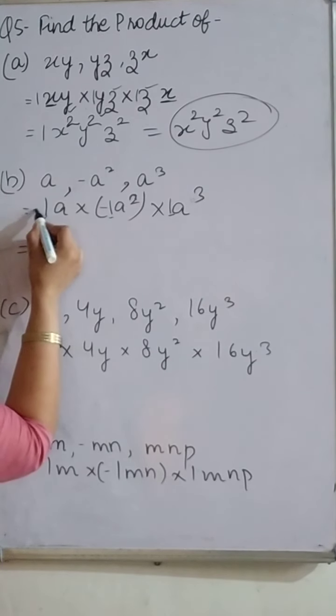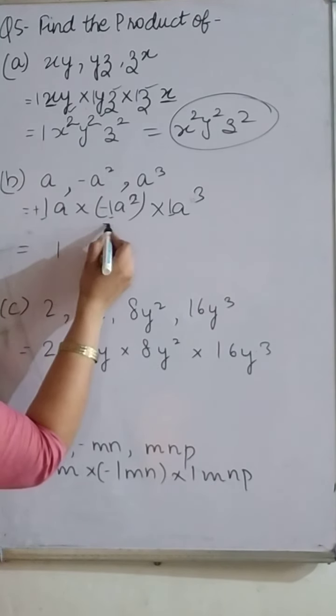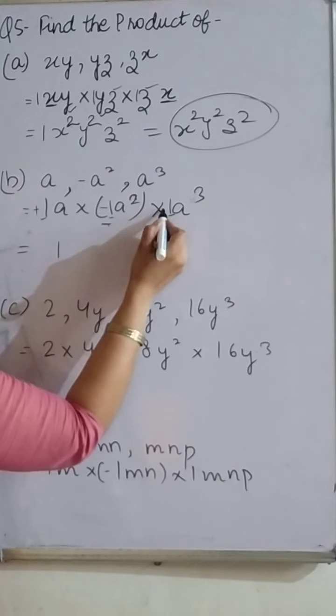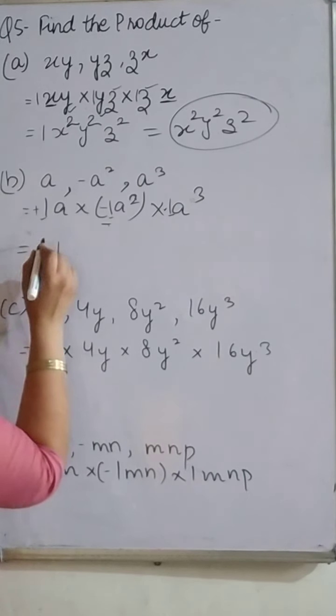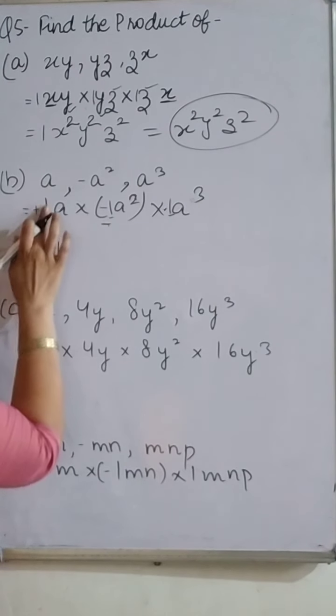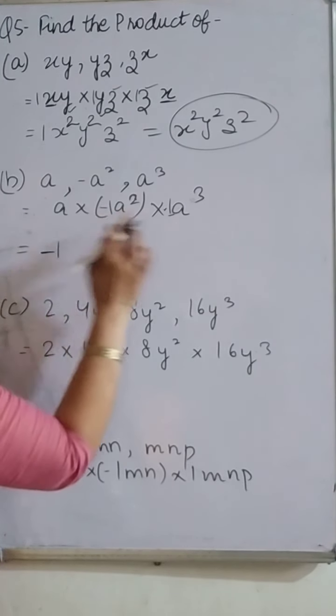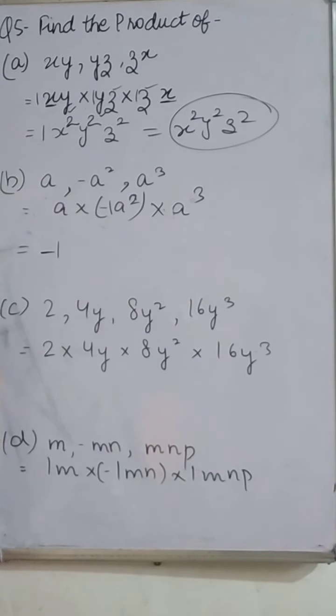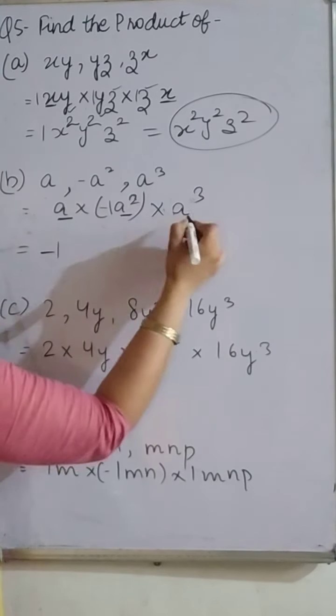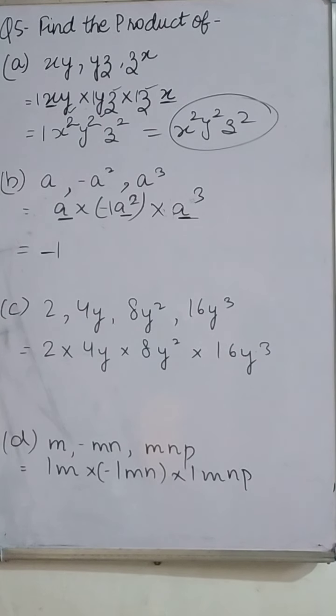Now this one is positive, positive into negative, negative, and negative into positive, negative. So numerical factor is minus 1.